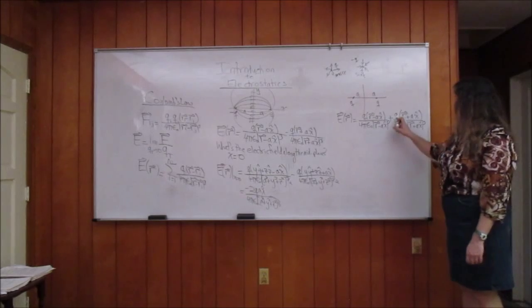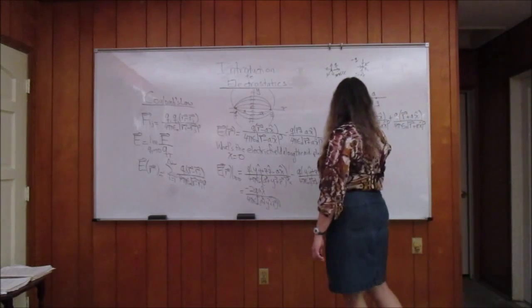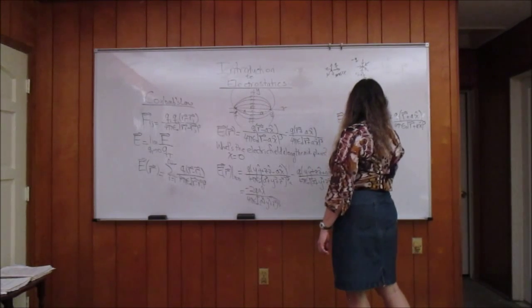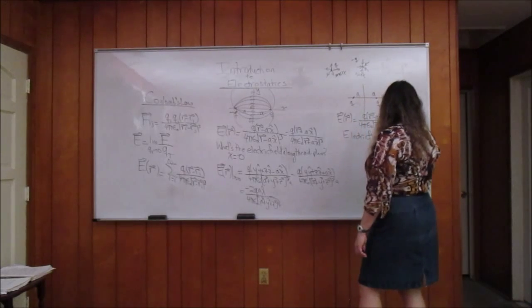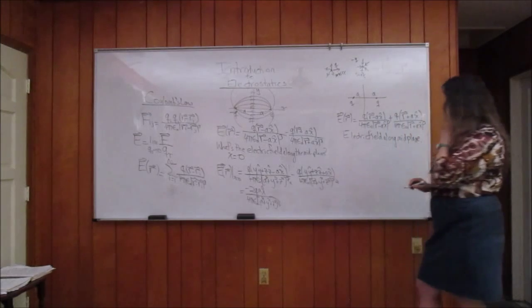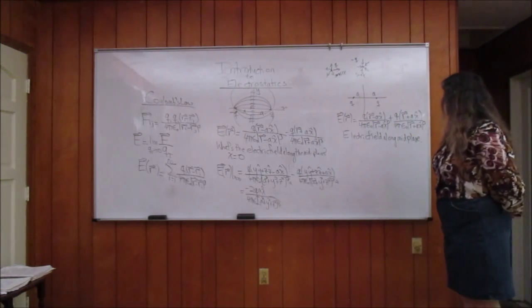Everything is the same as before, except now I've got a positive sign there instead of a negative sign. I wanted to figure out what the electric field along the midplane was.